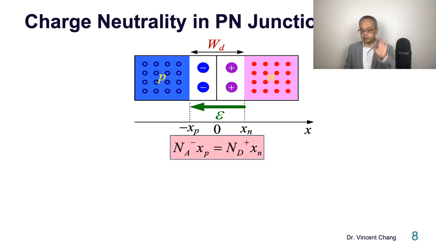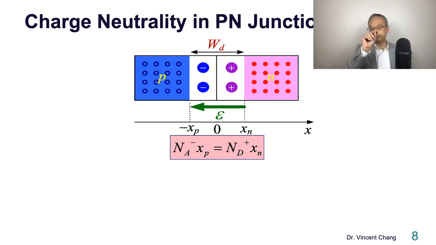So which means Na minus, the negative acceptor ion concentration, times the width xp, should be equal to Nd plus, the positive donor ion concentration, times xn. So let me ask you this. What's the dimension of Na minus times xp?